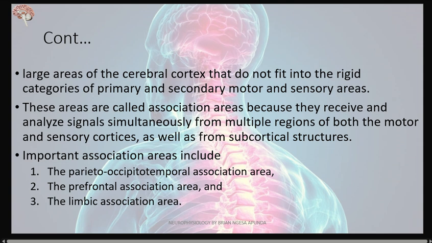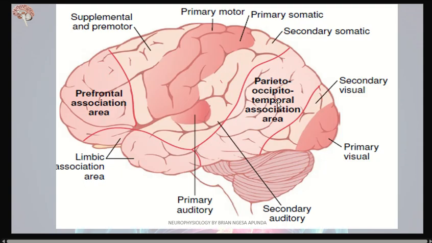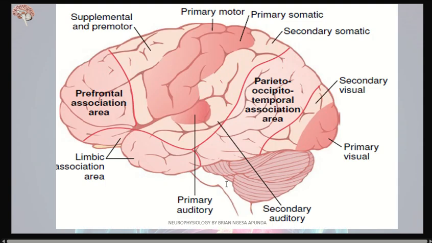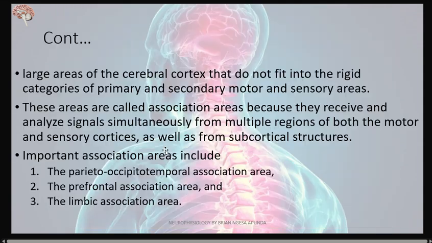So important association areas include the parieto-occipital-temporal association area. You are able to see that in our previous image. We have the prefrontal association area. So this will be an important area, more so now that we are talking about the intellectual aspect of the brain.